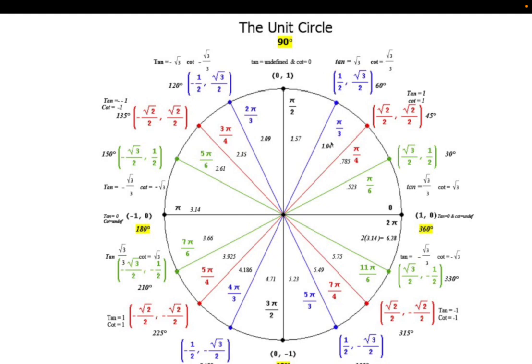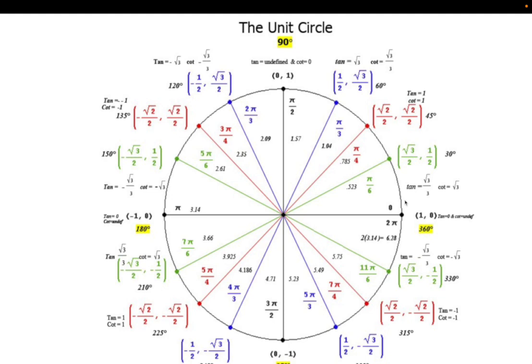My thinking is that once you understand where these come from, then we can use a reference sheet to identify these common values so that we can do a lot more in the course. We don't have to spend a tremendous amount of time always identifying exact values.